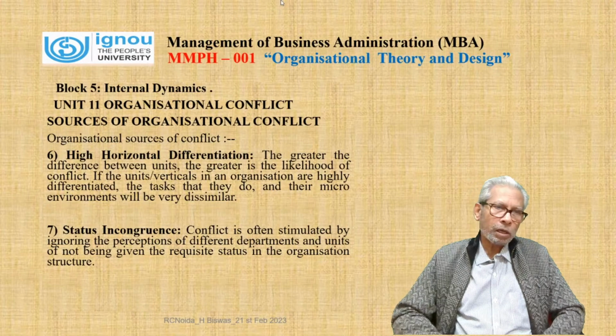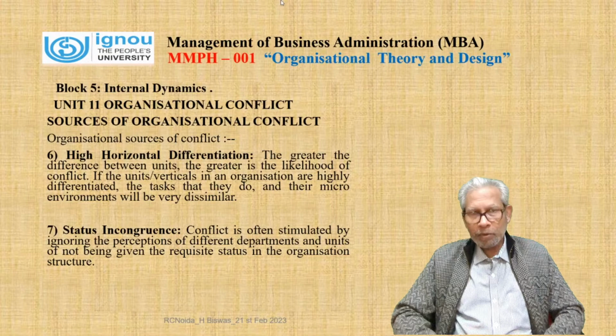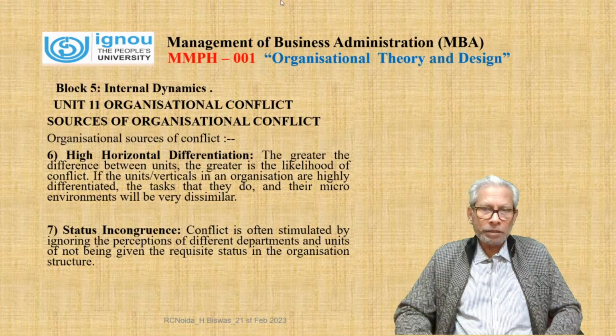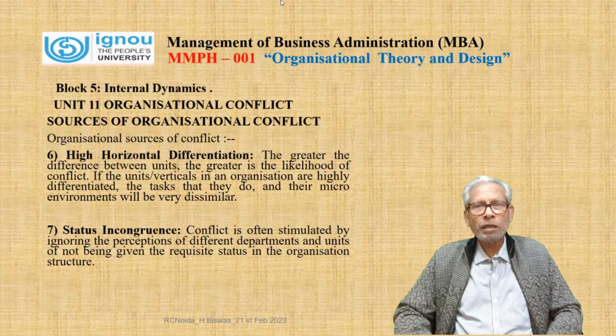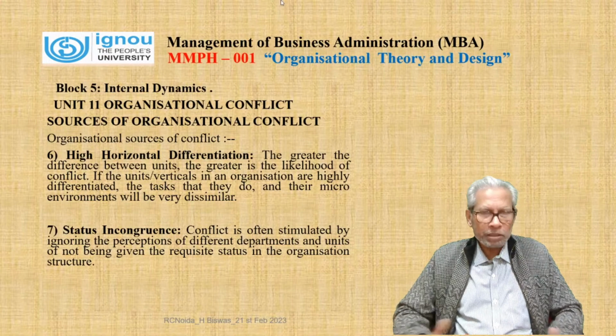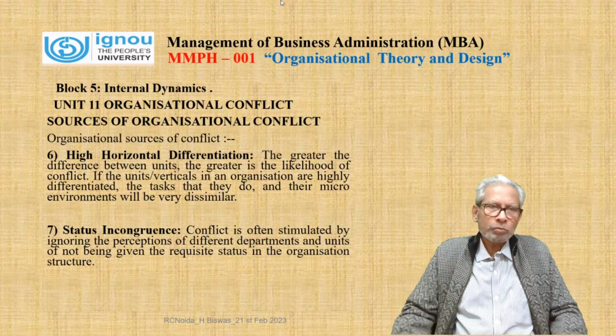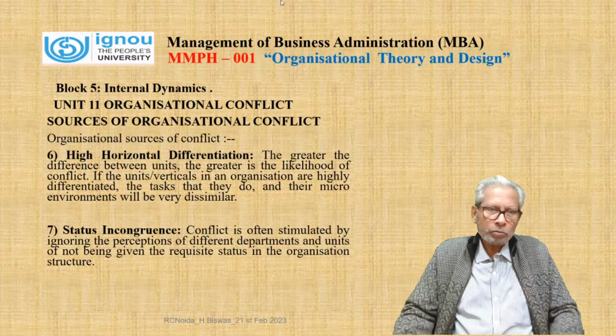Another is high horizontal differentiation, because differentiation means distance, or some defining of things. The greater the difference between units, the greater the likelihood of conflict. If the difference is more, the gap is more, so conflict is also more.